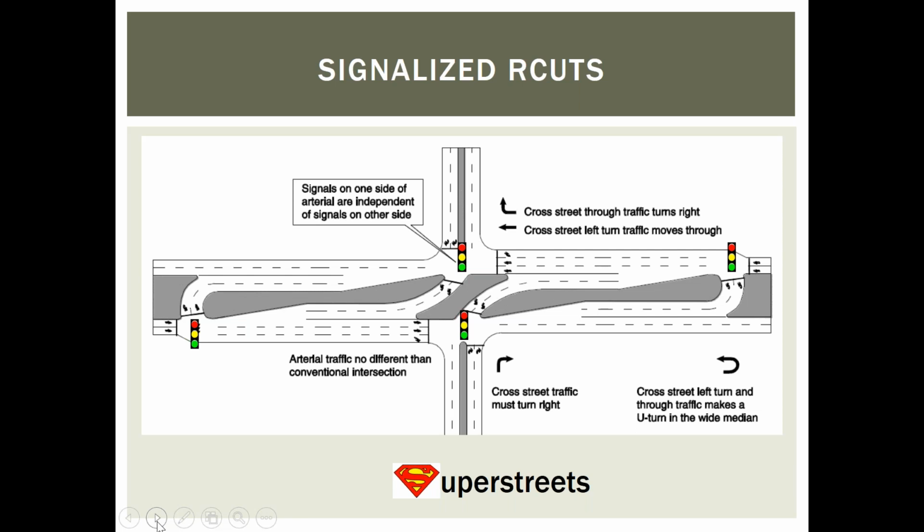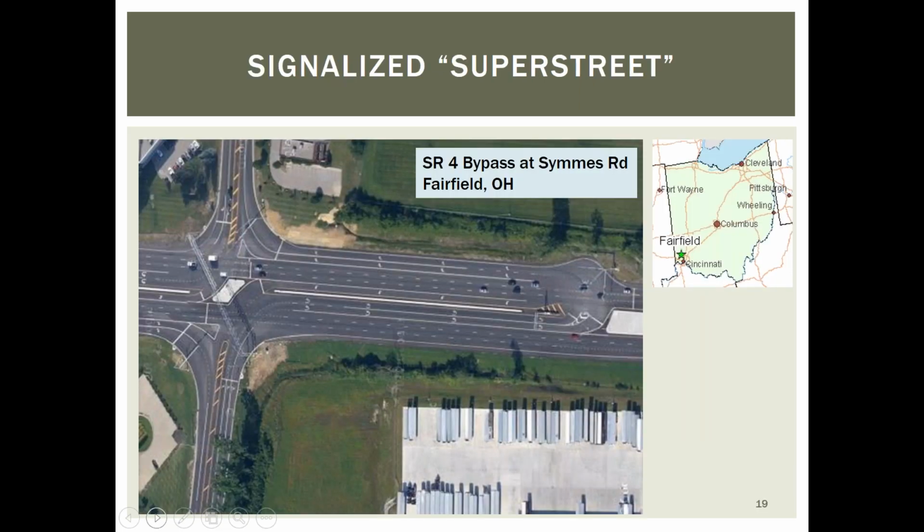And I'll talk about how the signals work, even though it looks like there are 4 signals, the main intersection and then the 2 U-turn bays. It's actually functioning like one signalized intersection, and they all work within 2 signal phases, which is very, very powerful, and hence the name super streets that are sometimes applied with these types of intersections. We'll talk about that as well.